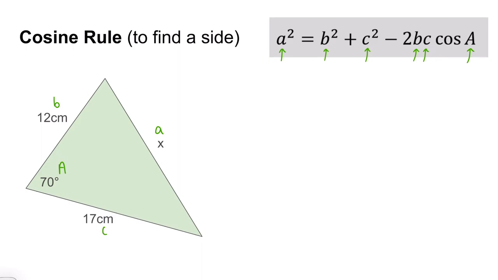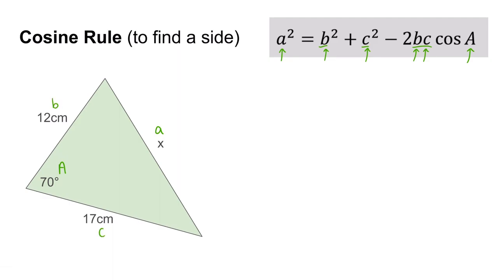Also, these b's and c's, I could have labelled them the other way around. It doesn't matter which way around they go for the cosine rule, because in our rule up here, the b's and the c's are having the same function performed on them, so it doesn't matter which order we do them. So b and c doesn't matter for this one.